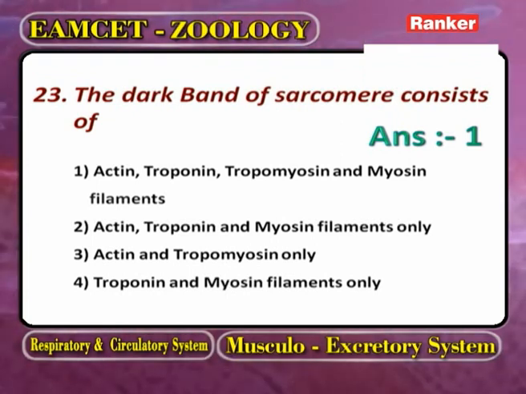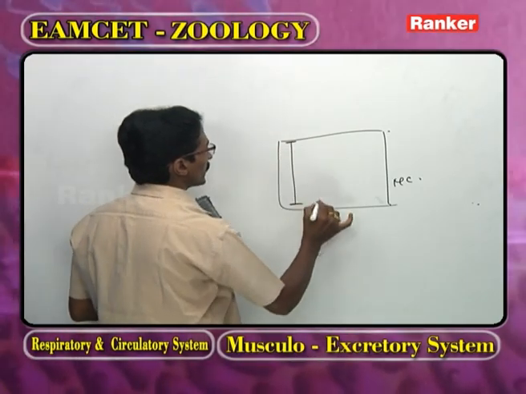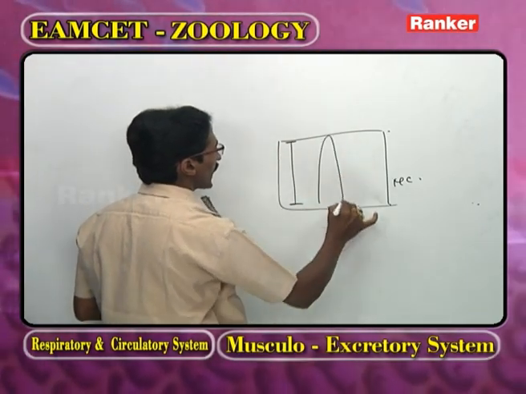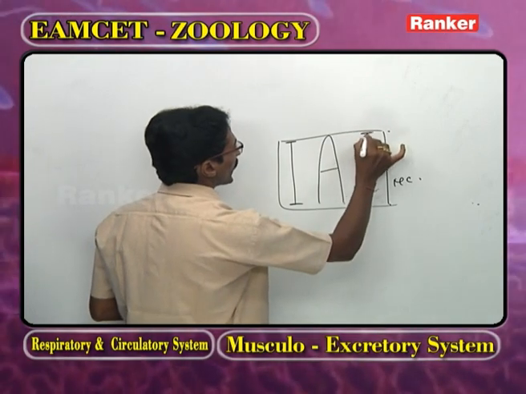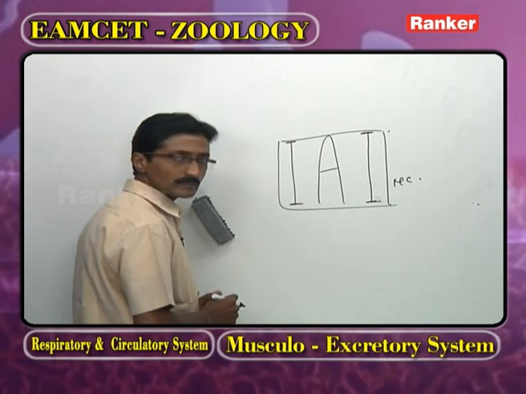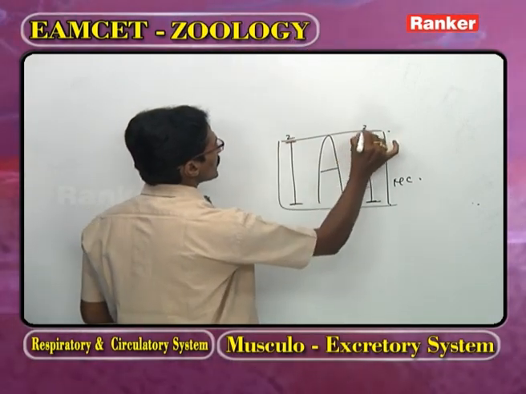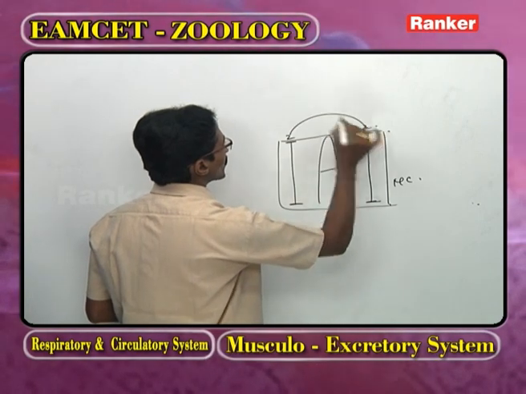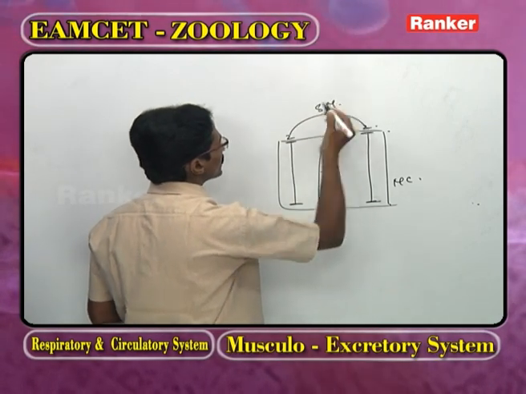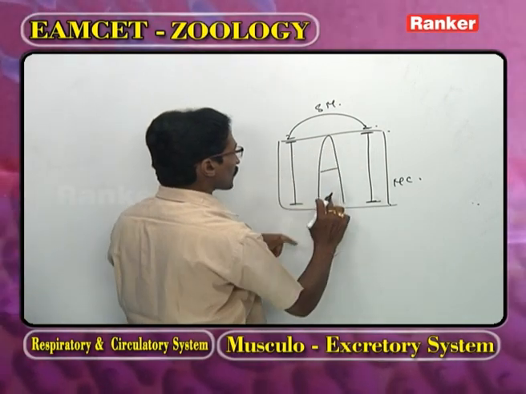Now this is the muscle cell, and this is the I band, and this is A band, and again this is I band, like that they are arranged. And in the center of I, what is present, students? Z. Now between the two Z lines, what is present? Sarcomere.